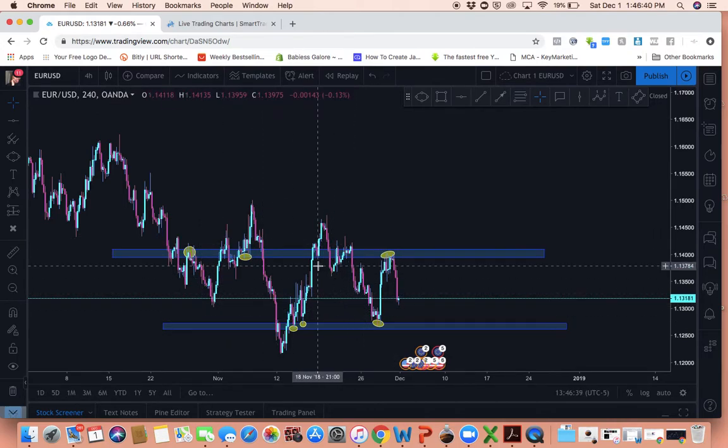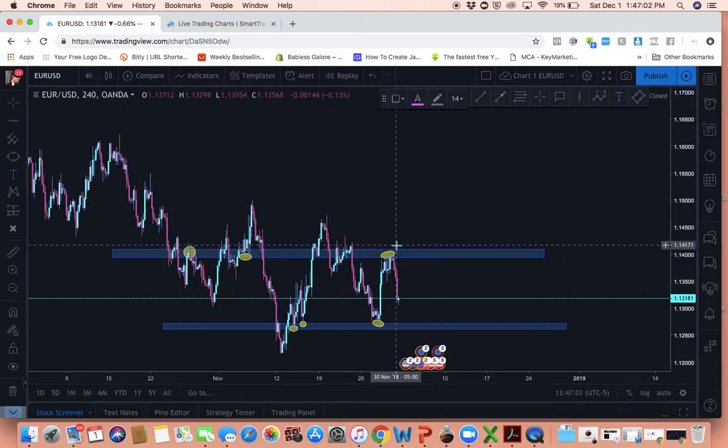So this is how you're going to be able to tell if the market is overbought or oversold. You must first draw your support and resistance line. So if the market is at the top here, that means it is overbought based off of your support and resistance lines.